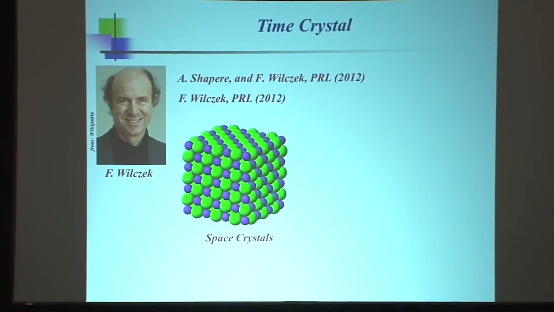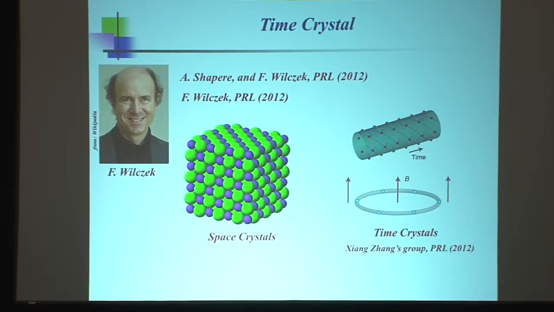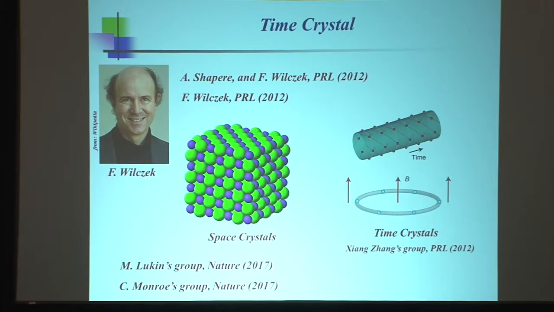So he proposed, what would happen if we have a periodic distribution in time? Could we have a matter that would be called time crystals? Now that created a lot of interesting debate and discussion. And then last year, two experimental groups, Mikhail Lukin from Harvard and Chris Monroe from University of Maryland, experimentally showed that indeed they can have time crystals. So that was one source of inspiration for us.